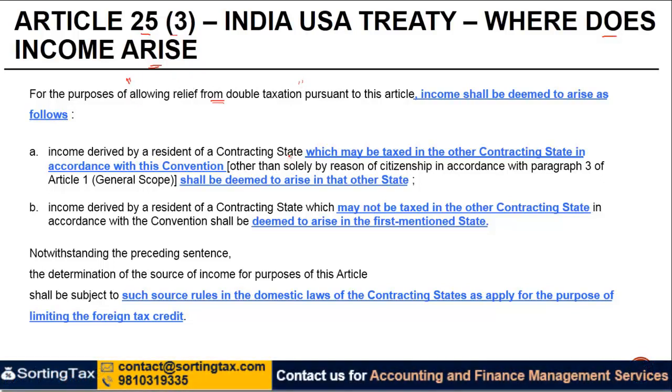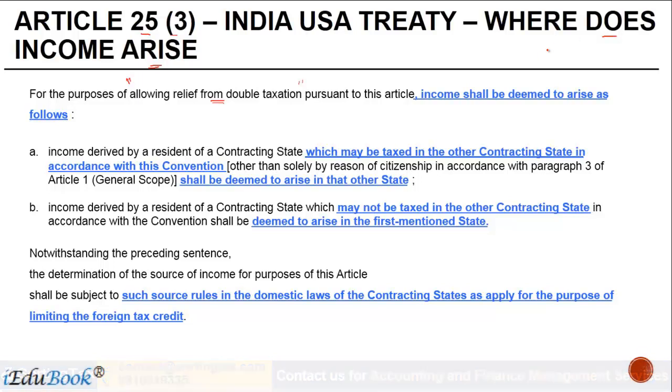What that also means as a corollary is that if there are different rules in different articles relating to where the income should be arising, those rules will have precedence over this, because this paragraph is more towards allowing relief from double taxation. And then there are certain specific exceptions which are mentioned, which we will also look at.